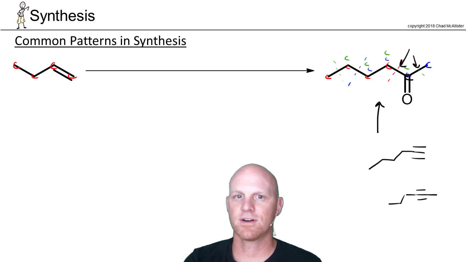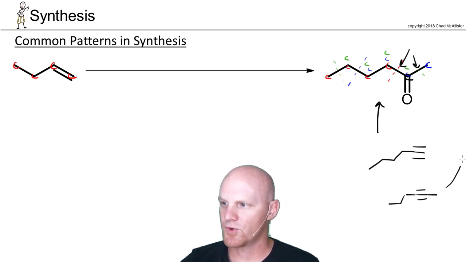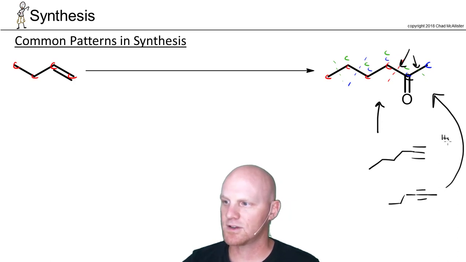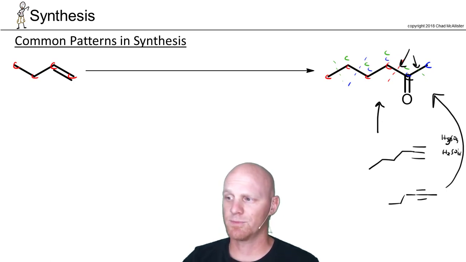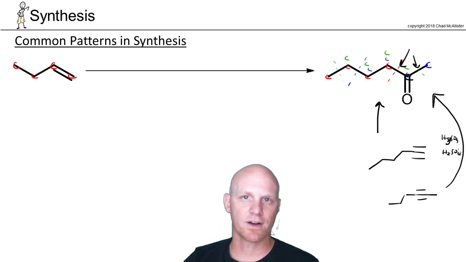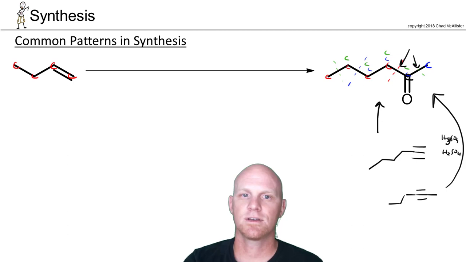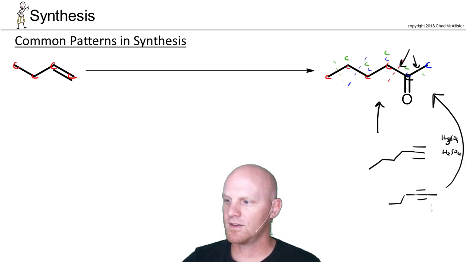If we do it from the second one I've drawn here, being an internal alkyne, it wouldn't really matter if we used HgSO4, H2SO4, or if we did hydroboration oxidation like a bulky borane. With an internal alkyne, it doesn't really matter. There's no such thing as Markovnikov or anti-Markovnikov. We do have a problem with that though. Because if we did this, we could form the ketone either here where we want it or here.